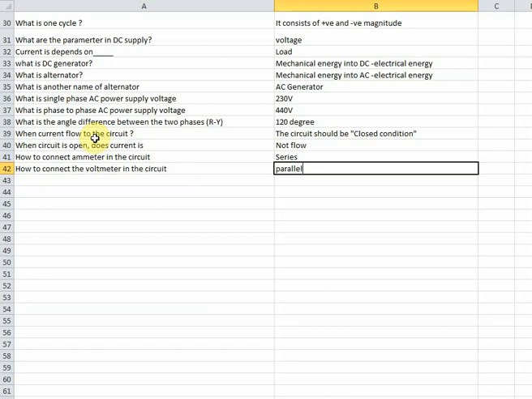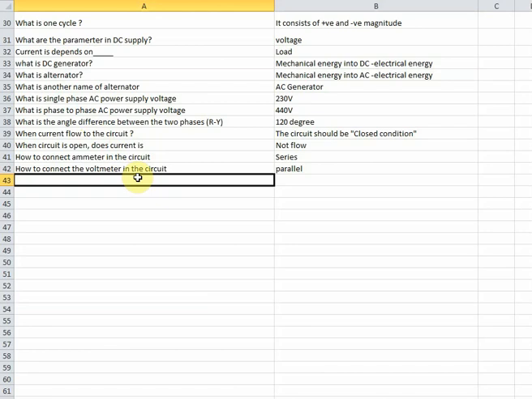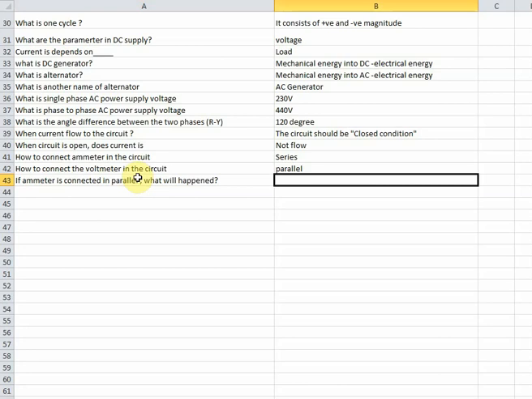Good. If the ammeter is connected in parallel, what will happen? Short circuit. Very good. Does the current flow, or will it go to short circuit? It will become a short circuit, and short circuit means it will blast.